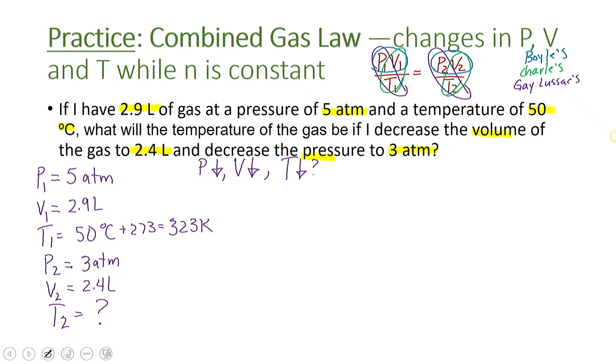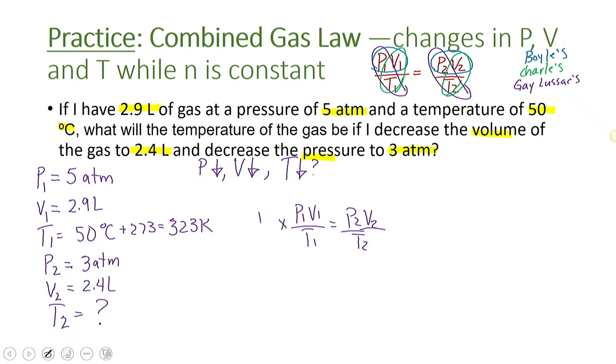So let's take a look at what we have. P1, V1 over T1 is P2, V2 all over T2. And we're looking for T2. So this is another one of those tricky problems where you've got to do a lot of moving things around. Let me move this over so I have more room. Let's start over here. P1, V1 over T1, P2, V2 over T2. And we're solving for T2.